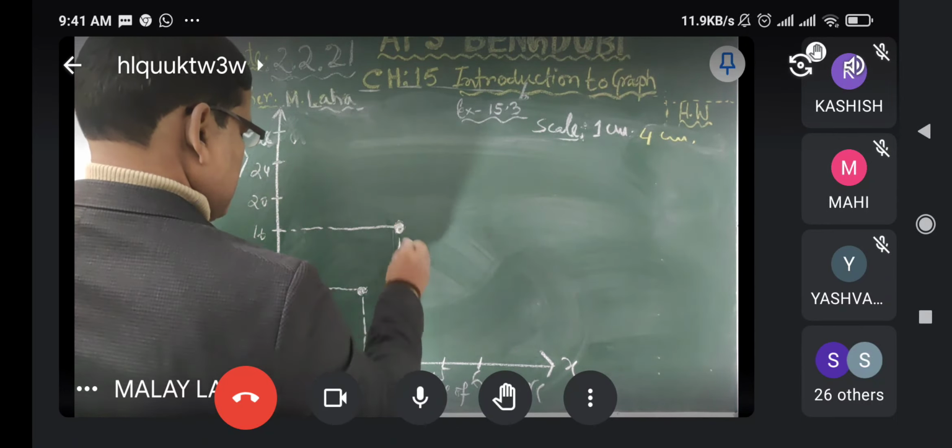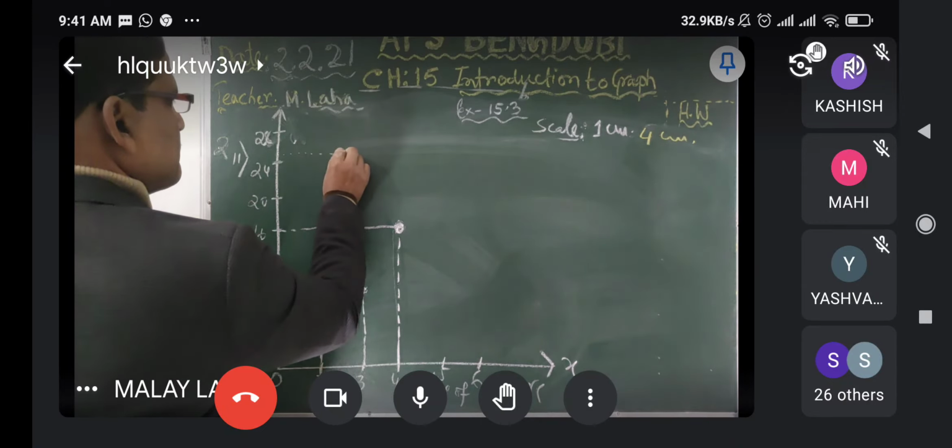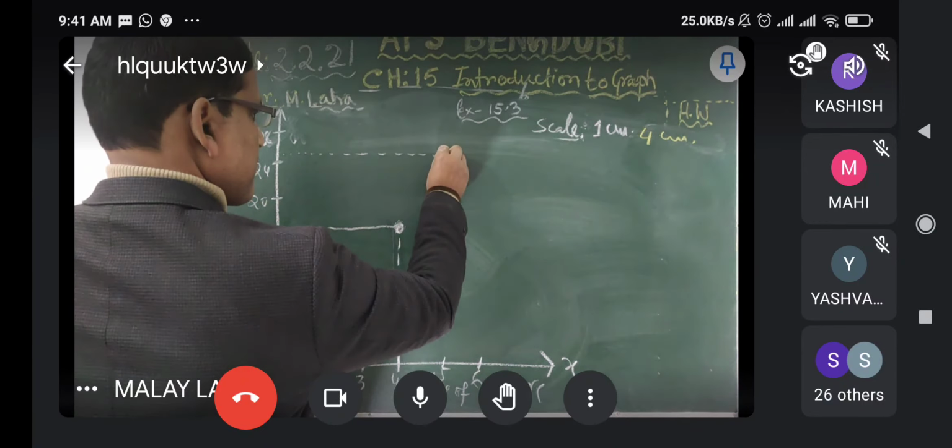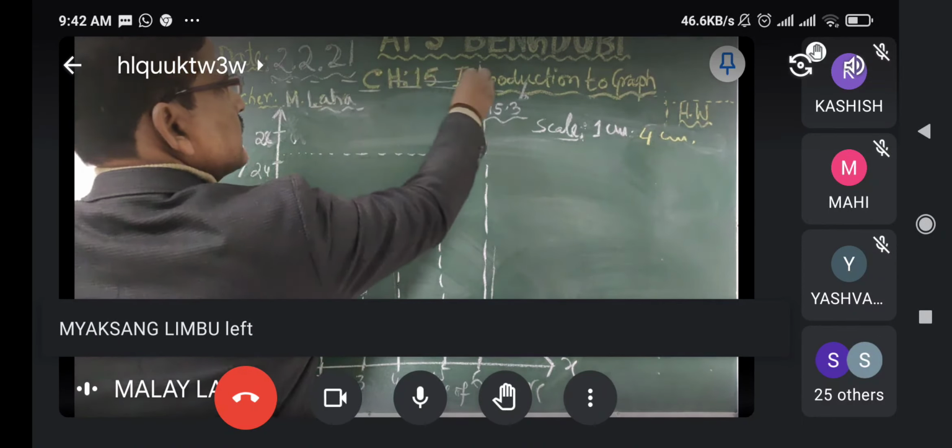And then 5 centimeter, 25, 24 and 25 here. Six centimeter. So it will meet somewhere here.